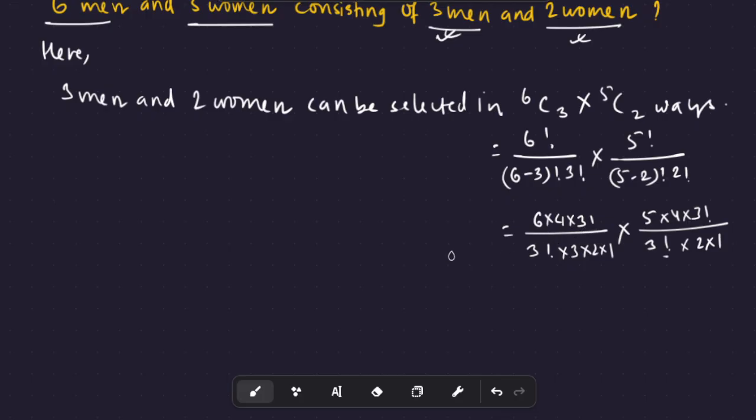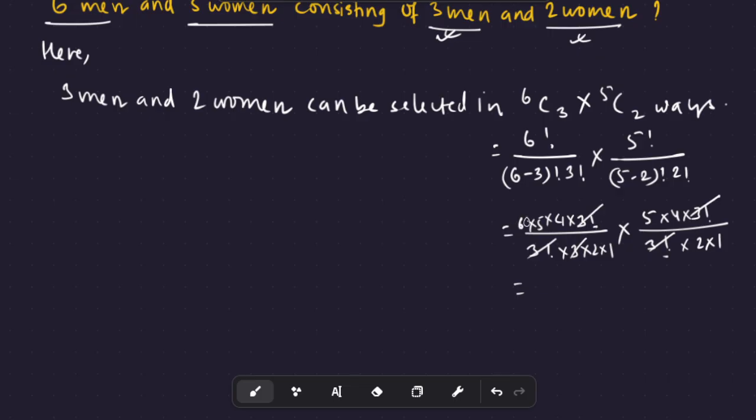Here we forgot to write 5; it should be 6, 5, 4 and then 3. The 3 factorial cancels, and now we can reduce it.